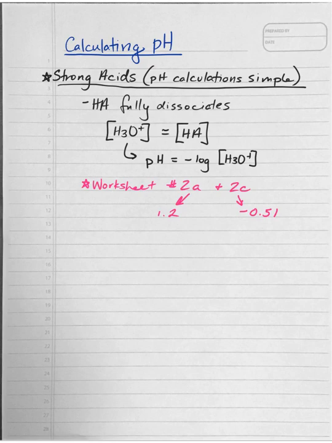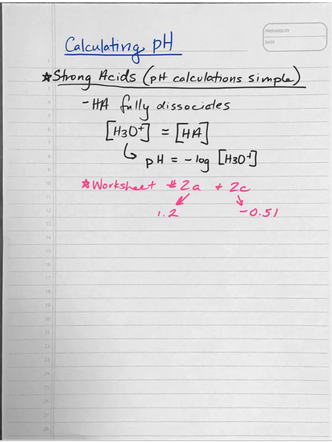Yes, you can have negative pHs. It just means that it's a very concentrated acid. It's very acidic. An answer key will be posted on Canvas, so if you weren't able to get these answers, please look at the answer key and see if you can figure out what you did wrong. If not, contact me and we'll go through it.